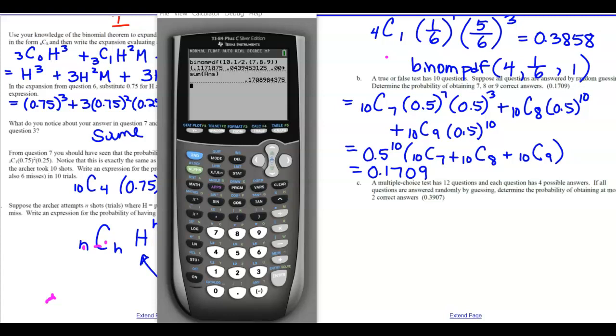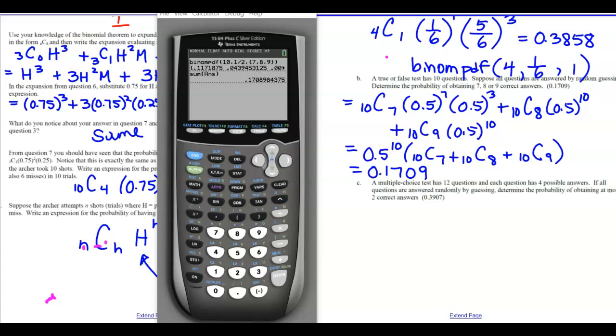Okay, so the next one is where we'll use the cumulative distribution. It says a multiple choice test has 12 questions, and each question has 4 possible answers that you get on your test. If all the questions are answered randomly by guessing, so if you were to just not even look at the question, A, B, A, B, C, just eeny, meeny, miny, determine the probability of obtaining at most 2 correct answers.